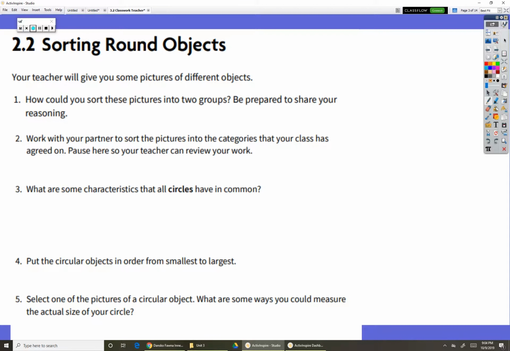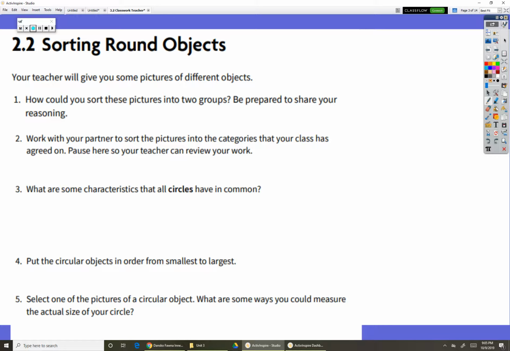Alright, so what we're going to do now is you should have a baggie with some pictures of different objects. I want you to talk with your partner about how you might sort these pictures into 2 groups. So if I ask you to sort them into 2 groups, what might those 2 groups be? Talk to your partner and then come back and see what I have to say in the video.